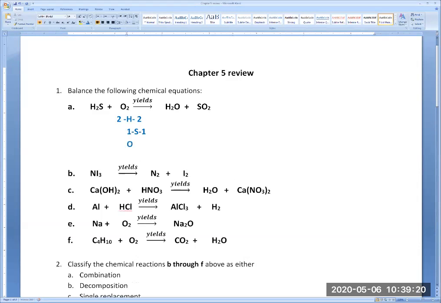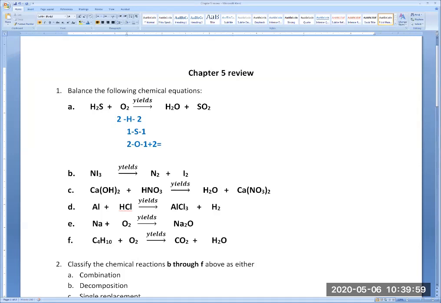And then the last element is oxygen. There are 2 oxygens on the left, right? The subscript 2 here belongs to oxygen. It says you have 2 atoms of oxygen per molecule of oxygen. It's called also oxygen when it's the molecule. On the right, we have 1 oxygen in H2O and 2 oxygens in the SO2.